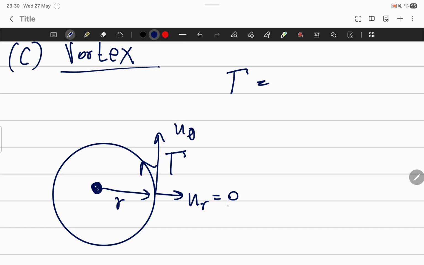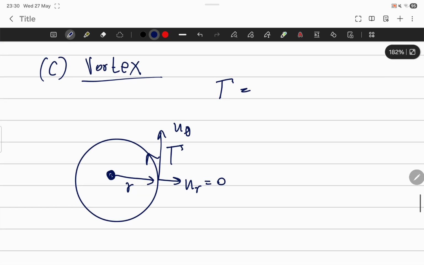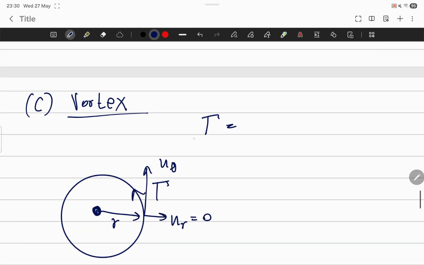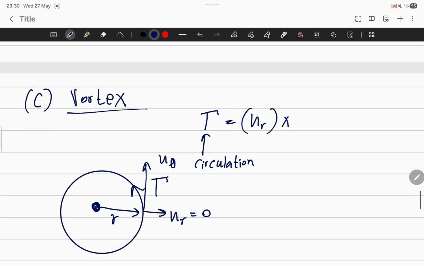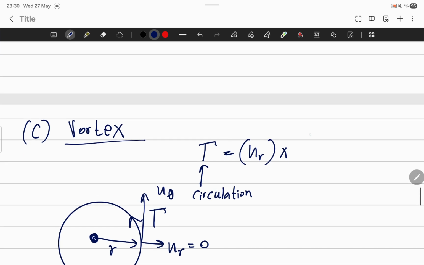So here u r equals 0, but it has a tangential velocity, right? So I can define the circulation as velocity times length of the direction, which is 2 pi r, right?